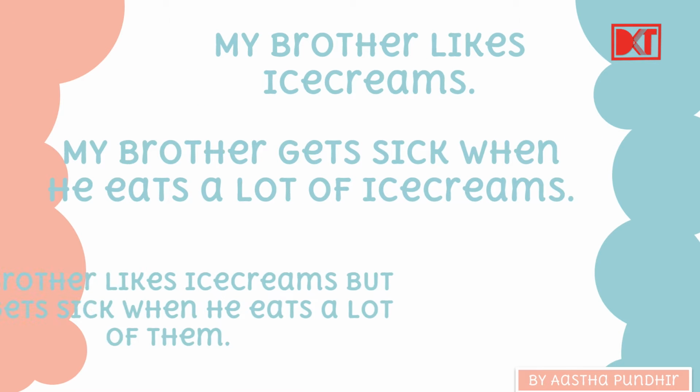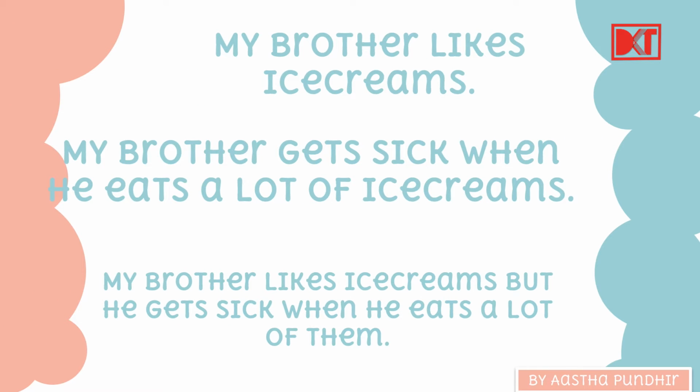Another example, my brother likes ice creams. Alright. Second sentence, my brother gets sick when he eats a lot of ice creams. अब हम यहाँ पे इस दोनों sentences को join करेंगे, एक meaningful sentence बनाएंगे. कैसे? My brother likes ice creams, but he gets sick when he eats a lot of them.